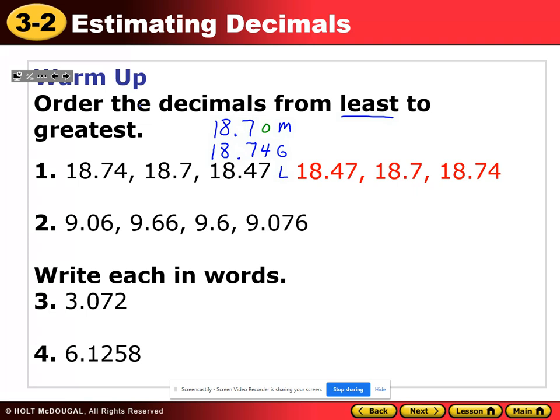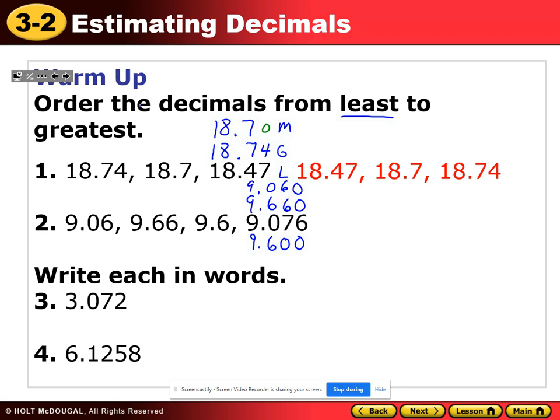If we do that down here, maybe you're getting good at it. The big thing that throws people off is something like this. Do you see how 9,600 is more than 9,076? That is usually where people get tripped up. And then 9.060.